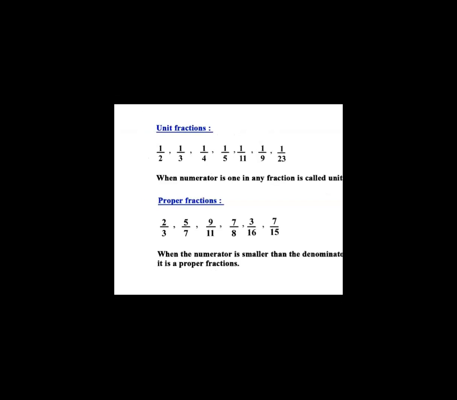You can see here there are examples: 1/2, which means half. Second one is 1/3, 1/4, 1/5, 1/11, 1/9, and 1/23. These all are unit fractions. Why? Because the numerator is 1. Okay, so this is one type of fraction.